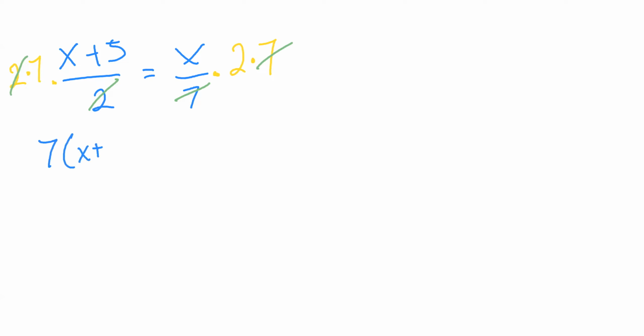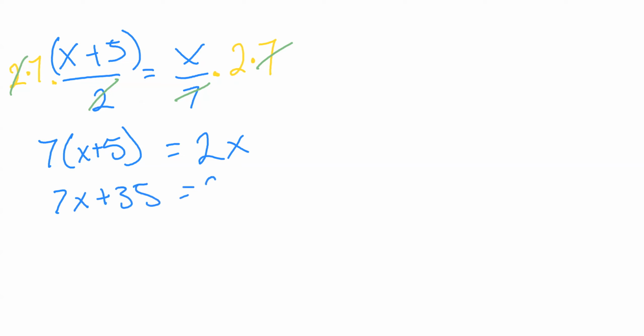And remember, fraction bars are grouping symbols, and a 2 times x. I can distribute that. And then I will subtract 2x from both sides and subtract 35 from both sides. And then divide by 5, we get x is -7.